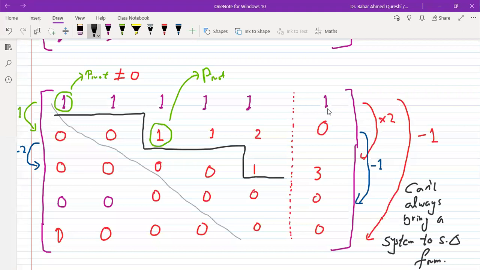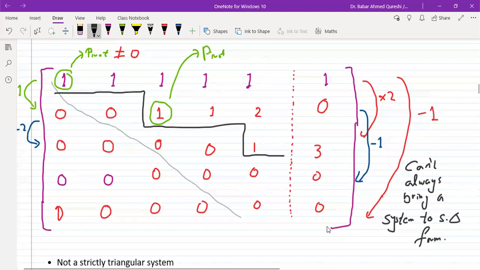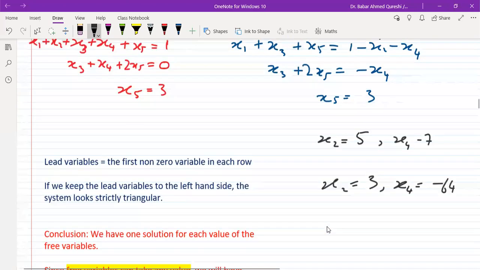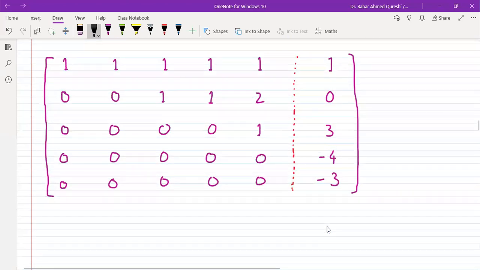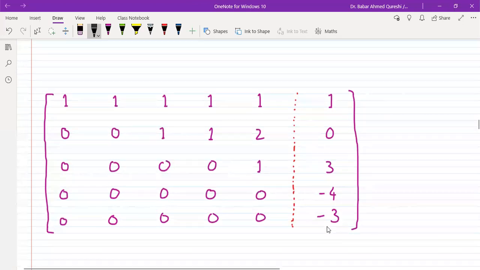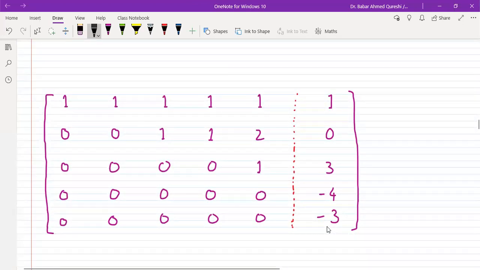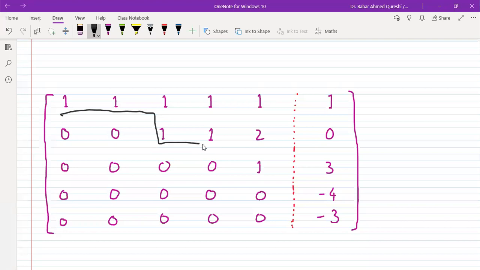All that can change are these numbers, because I just changed these three numbers. So if you do the work, this is what you get. This is again the same thing as it should have been, because I didn't change anything on this side. You get an echelon.